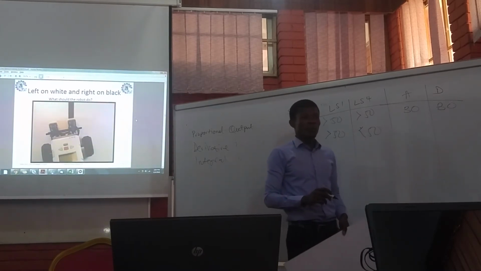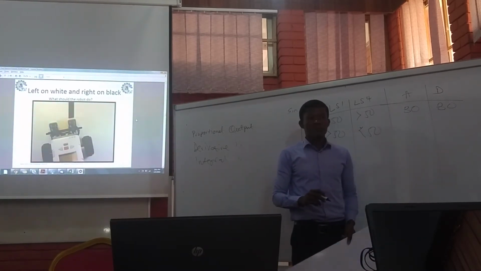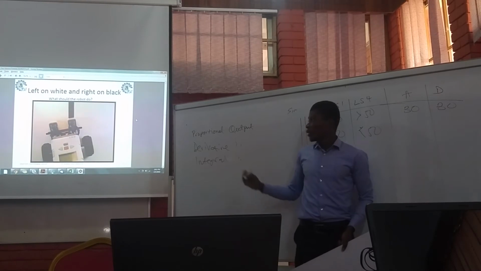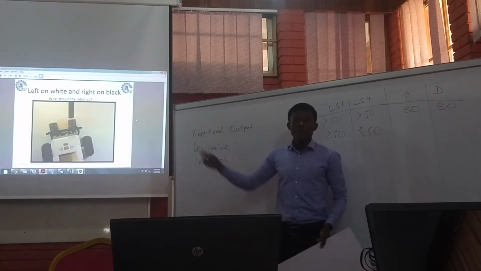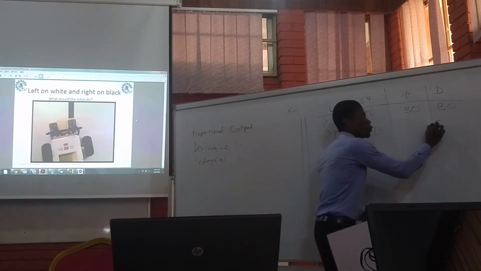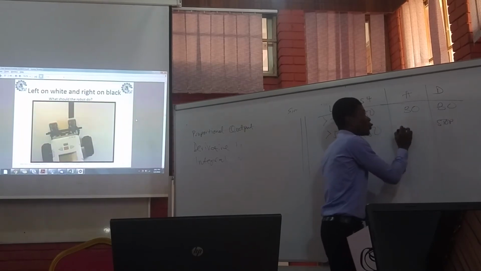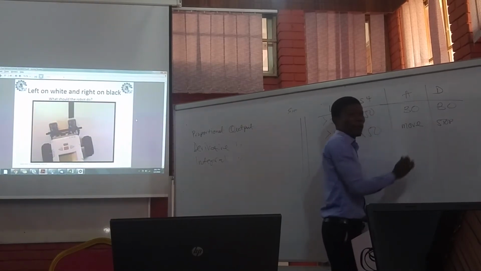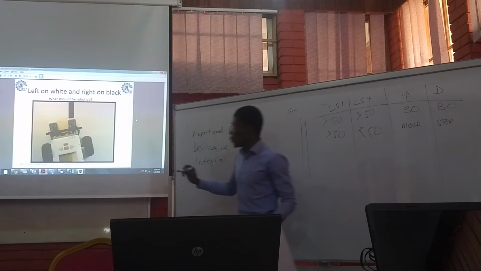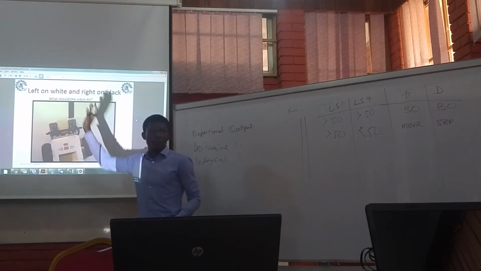Which of them should stop? D. This is A, this is D. So D should stop, and A should move. Then it will correct the robot by bringing this one back on track.